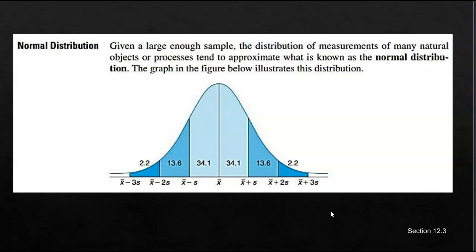Now this is for large sets of data, but basically if we take our mean and we add 1 standard deviation or subtract 1 standard deviation, that's going to be in this area right here. And that's an approximate value. It doesn't come out exactly 68, but it's approximately.